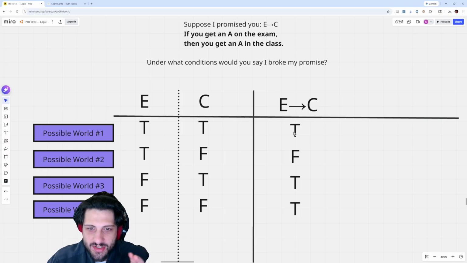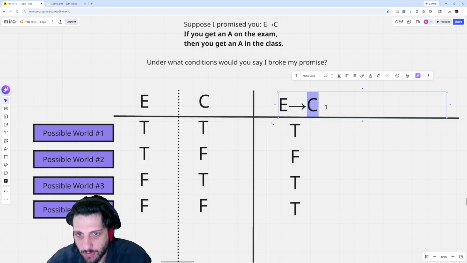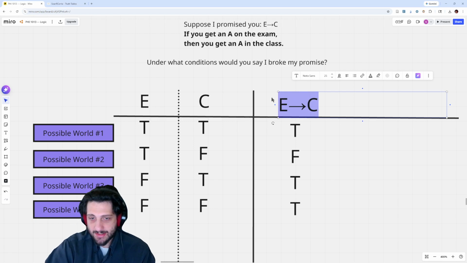Right, we're saying that E implies C, and so what that means is if E is true, C better be true too. So the only time this statement is false is if E turns out to be true, but C doesn't also turn out to be true. But if E is false and C is true, like this statement, that's still okay.